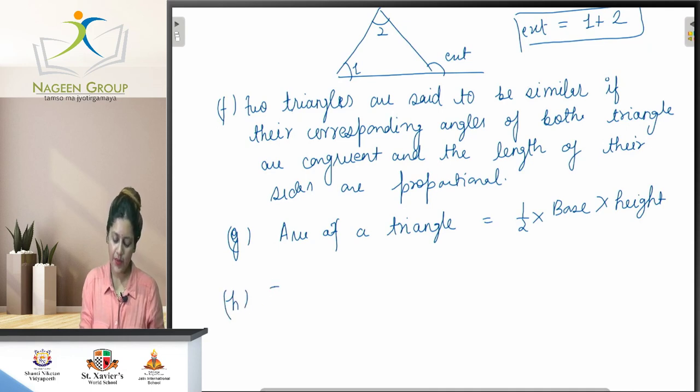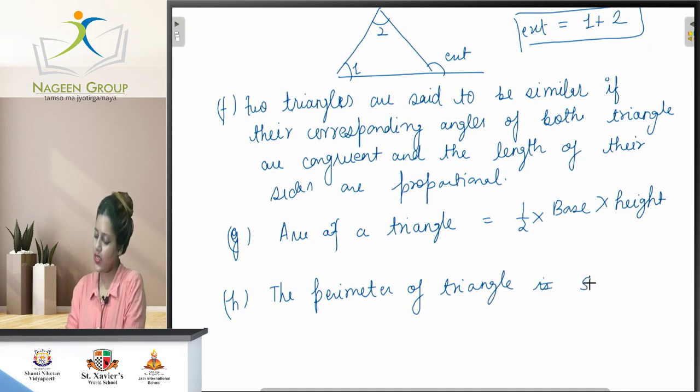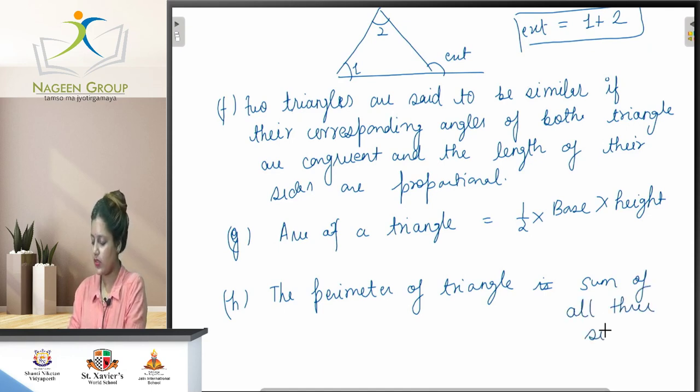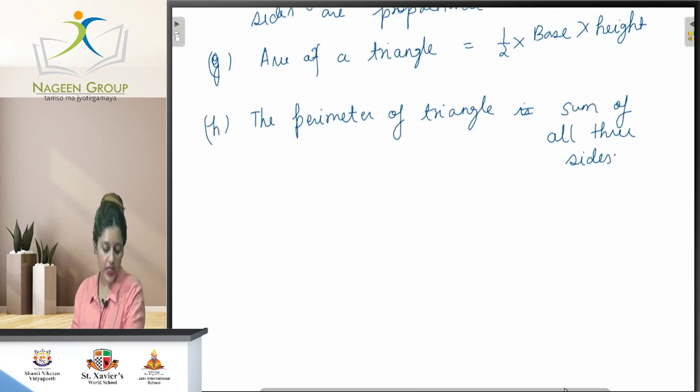H is the perimeter of a triangle. What is it? It is the sum of all three sides.